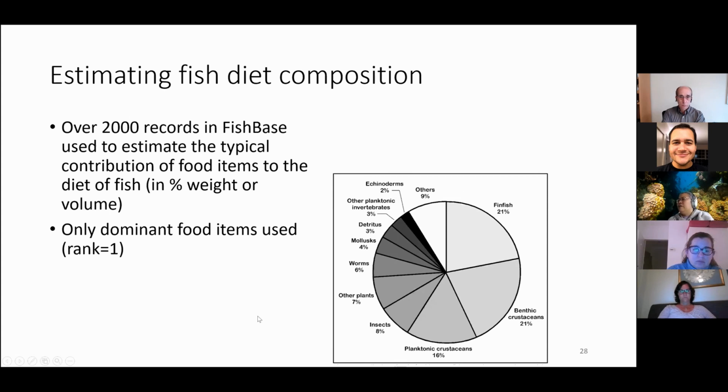And remember that we are only looking at percent weight or percent volume. We do not look at percent occurrence of animals in the food bolus, so percent occurrence or the number of items is not useful. We use weight or volume.